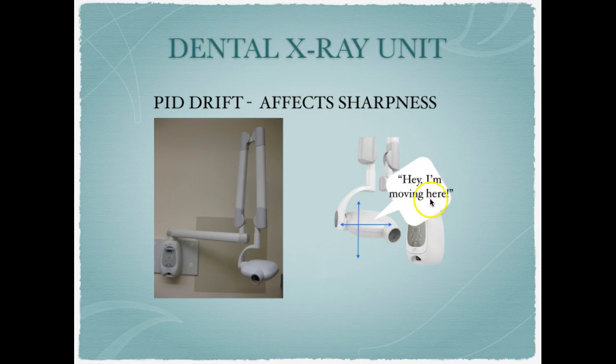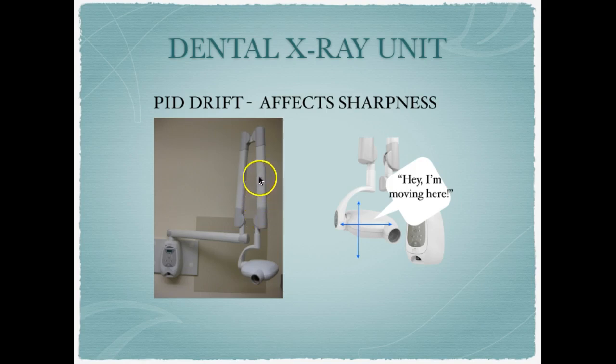So you see I have a little sign here that says, hey, I'm moving. We call this PID drift. If you're positioning your PID toward your patient's face and teeth and the image receptor and it's moving, then you may need to have your PID arm and extension bar adjusted.